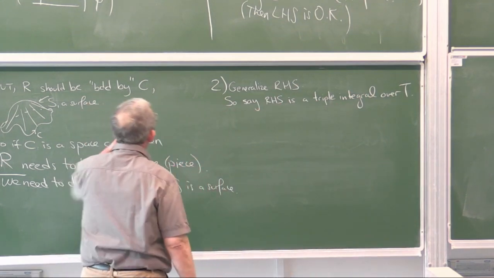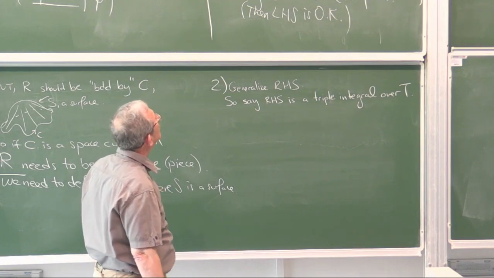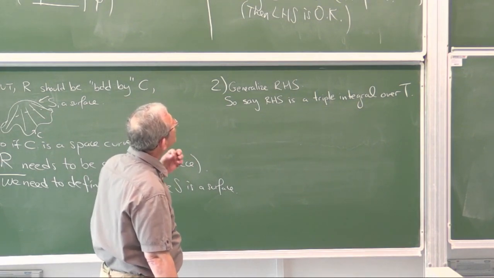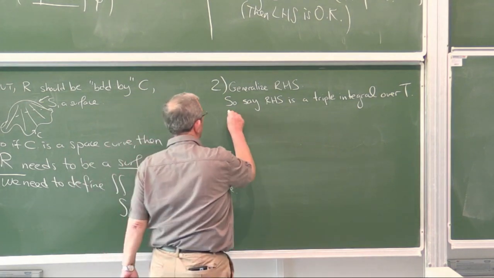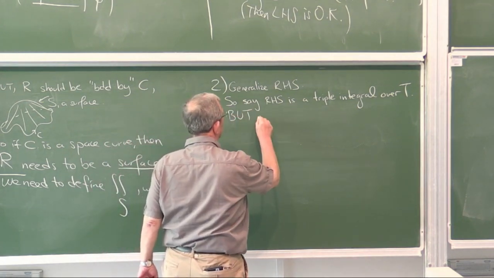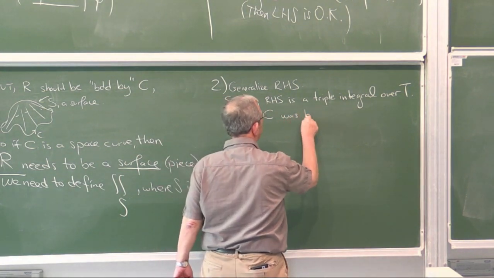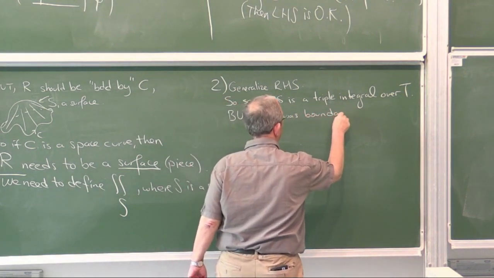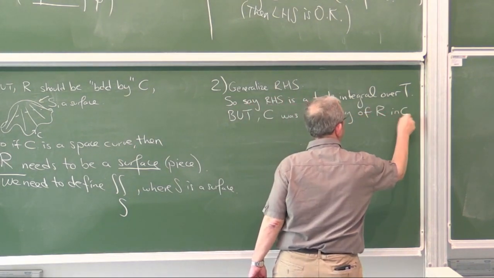But the idea of Green's theorem says that on the left side, C must be bounding T. C was the boundary of R in Green's theorem.